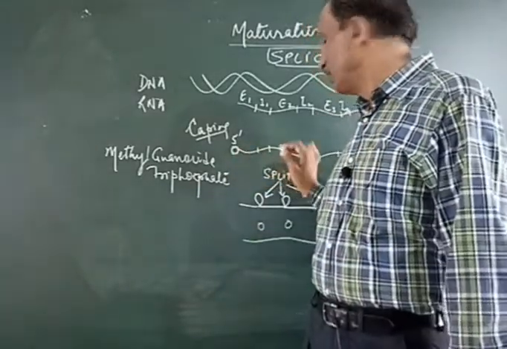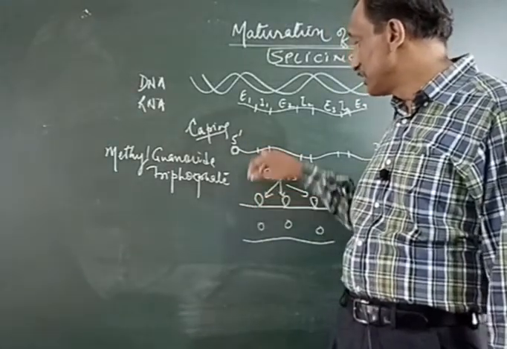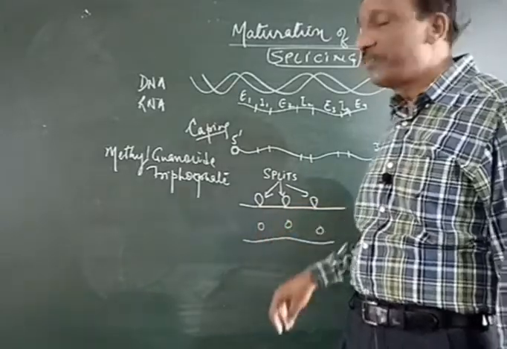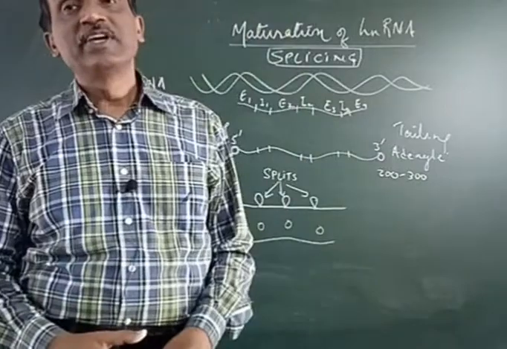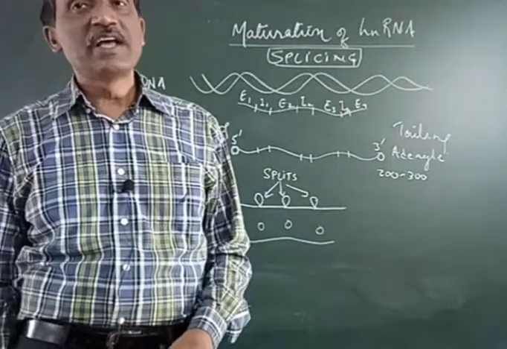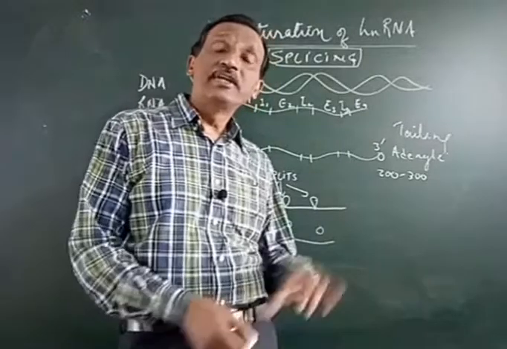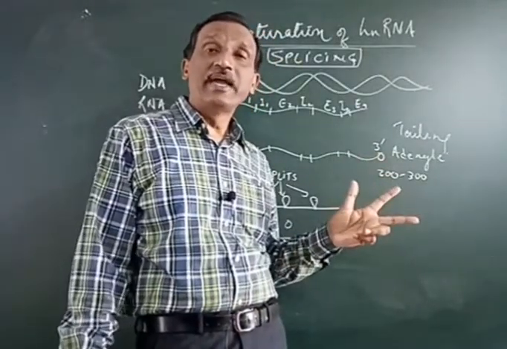Then the unwanted segments, that is the introns, will form loops, and the exons will come together, and then finally the exons will join together, and the introns will be removed from there. So this is how the mature RNA is made. Now RNA can be tRNA, or it can be rRNA, or it can be mRNA.